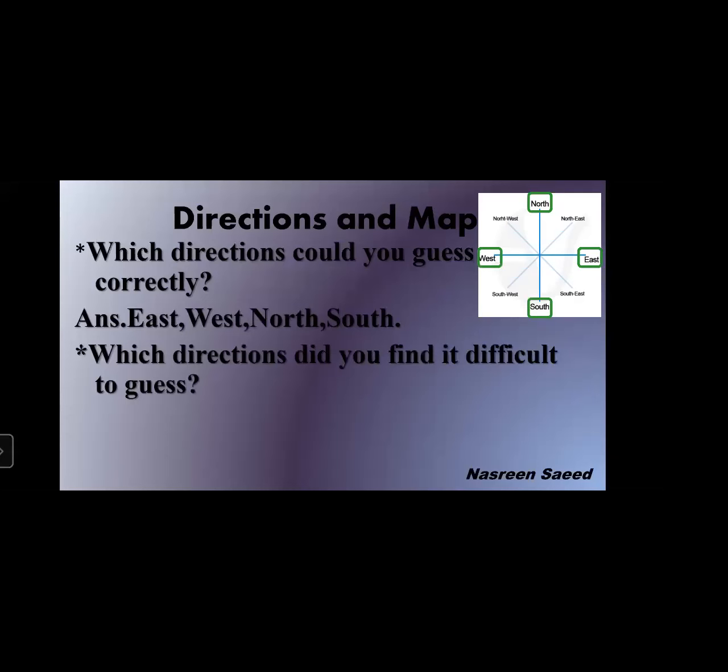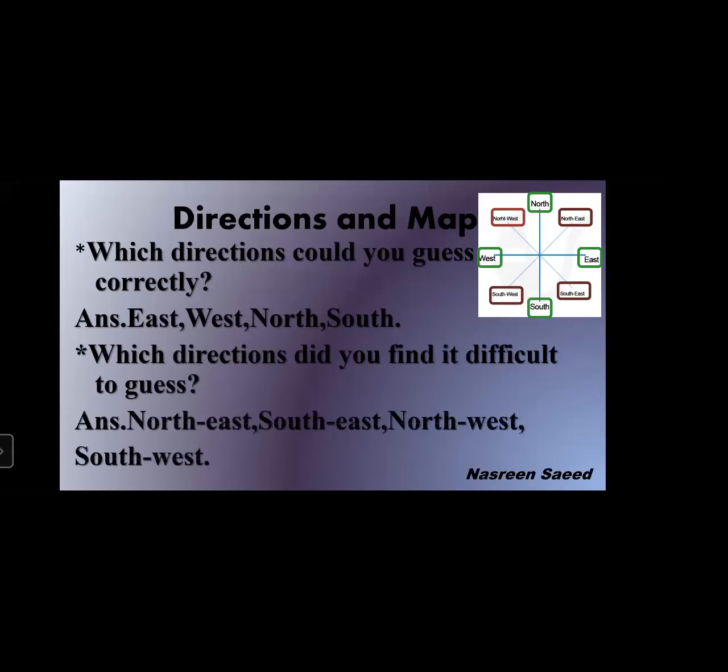And which directions did you find difficult to guess? The directions which were neither fully north nor fully west, they were in between. They were neither right nor left, neither up nor down. So that was northeast, southeast, northwest, and southwest. These directions were a little difficult because they lay in between. Okay.